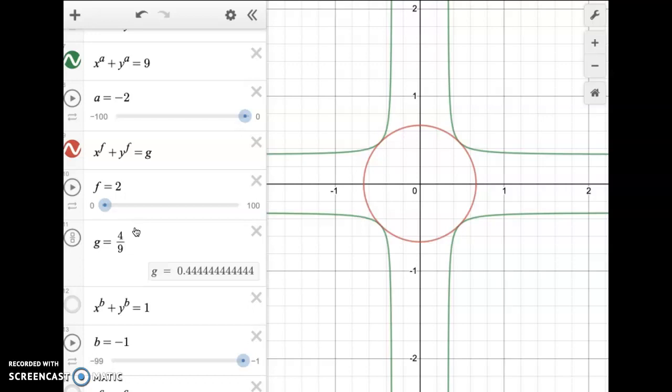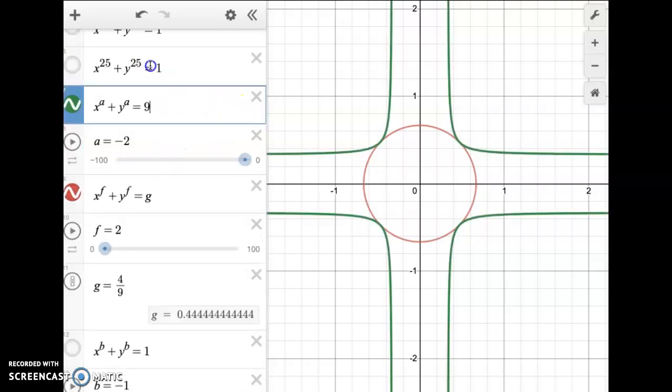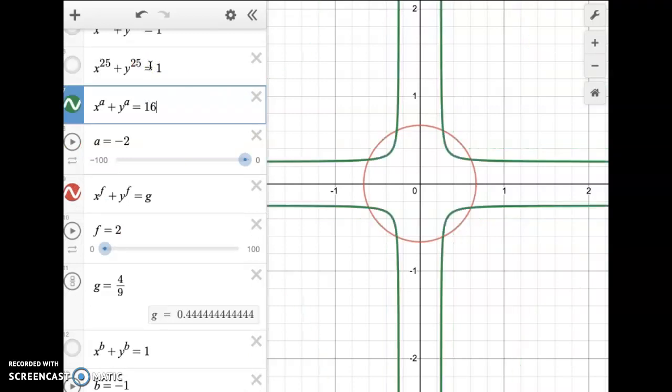And if you go through and play with this, you actually see that this works for almost every number. So for instance, when we have this equal to 16, we know that the reciprocal of 16 is 1 over 16, and then we multiply 1 over 16 times 4, and we get 4 over 16, which is actually just 1/4.